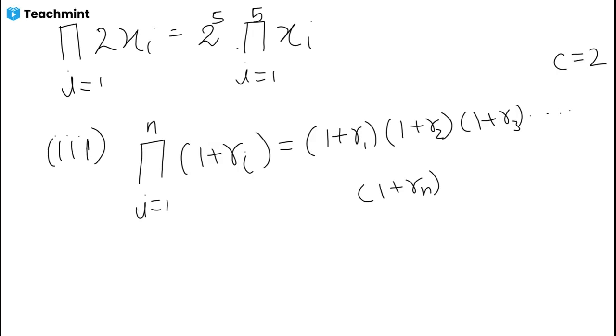Okay, another term. How can we find the geometric mean? Geometric mean is just the nth root of this. By using this formula, we can find it, as you have in your book.